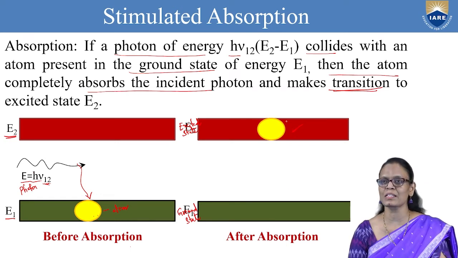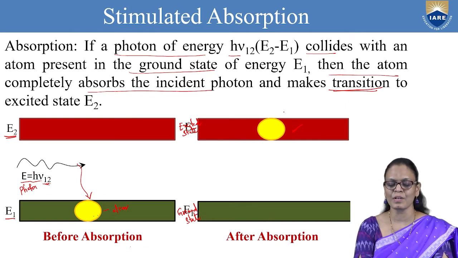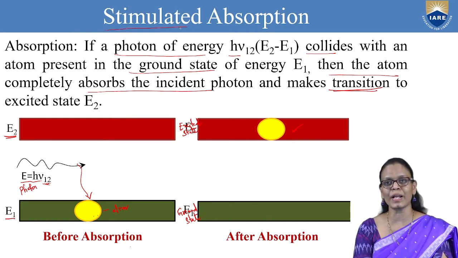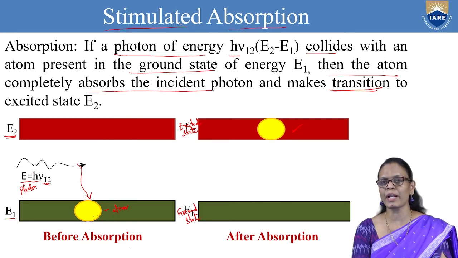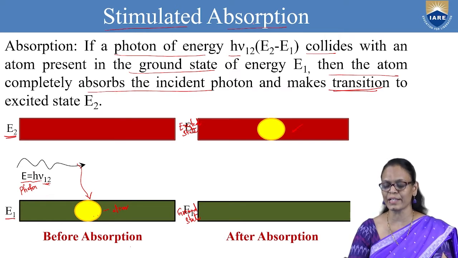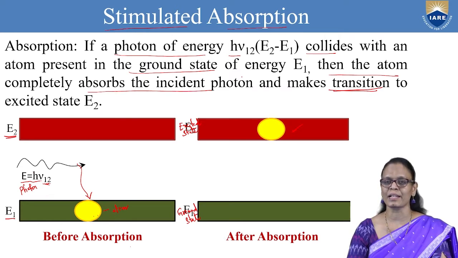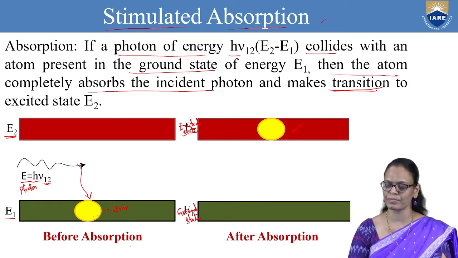Here we are seeing the transition from a lower to a higher level. We call it stimulated absorption. Stimulated, because without stimulation, the atom cannot go to the excited state. So after stimulating, the atom absorbs the energy and makes a transition to the excited state.